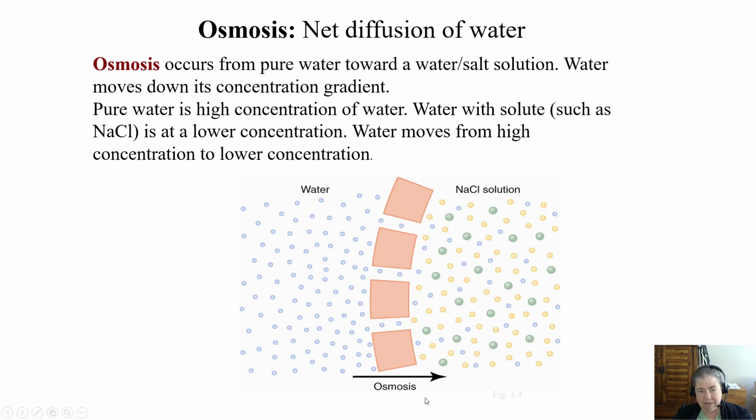People get confused about this, and I want you to remember it's the water concentration, not the concentration of solute. And water is always going to move from an area where it's purer to an area where it's less pure, from the high concentration of water to the lower concentration of water.